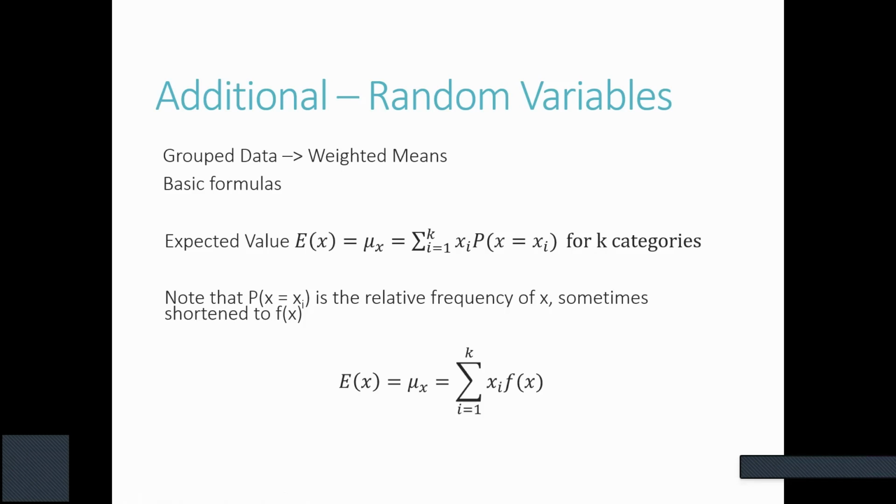So that division by total n is already in the formula implicitly, okay? So you can see the mean, the expected value of x, is the mean of x, and it is the sum of the values times their relative frequencies.